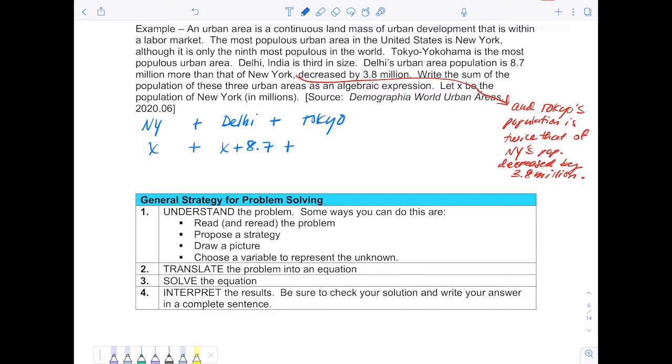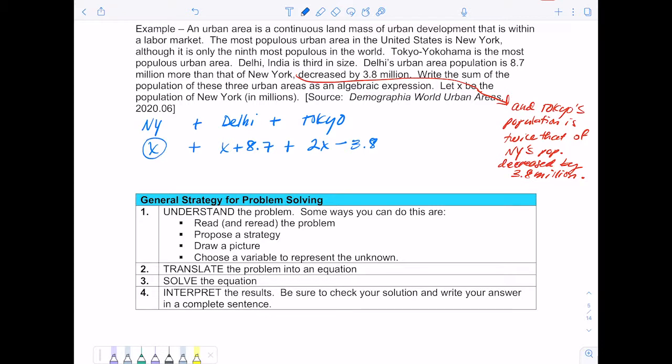Plus, Tokyo's is twice that of New York. What does twice mean? It means to multiply X by 2. And then it says decreased by 3.8 million. So to decrease means to subtract. So this is my expression. It's not simplified. If you go through, you can count the x's.